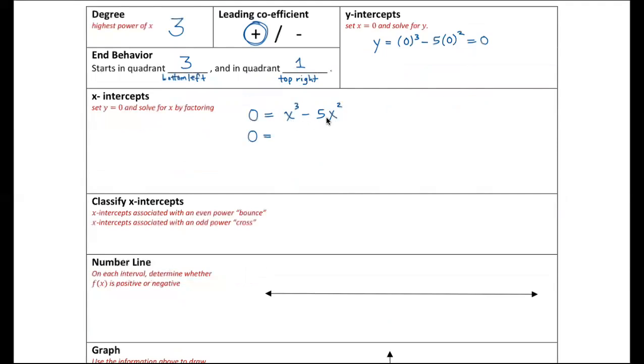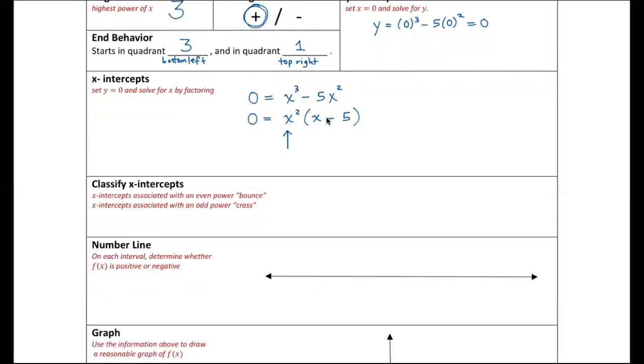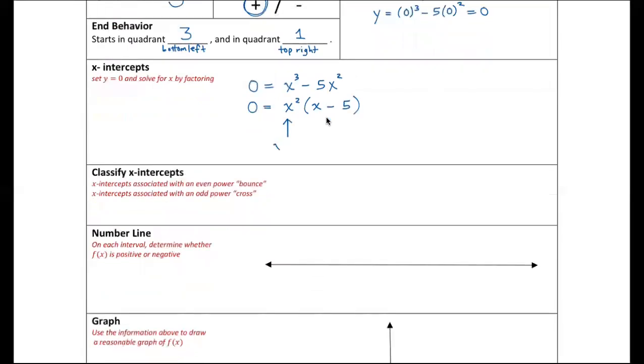They both have at least 2 x's. So if I factor out 2 x's, I'm left with 1x from that first term, and I'm left with minus 5 from the second term. And from there, I know that what's going to make this factor equal to 0 is x is equal to 0, and what makes this factor equal to 0 is x is equal to 5. So those are my 2 x-intercepts.